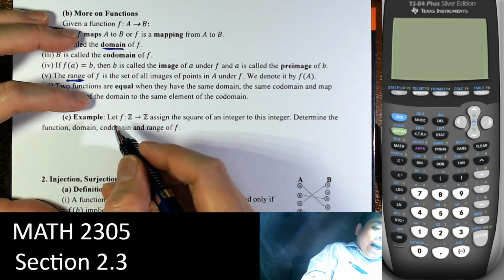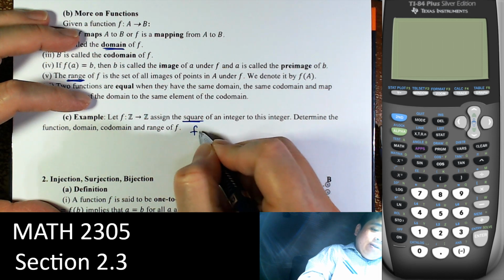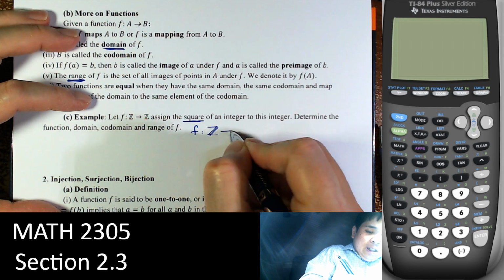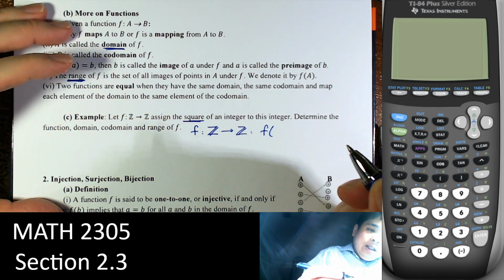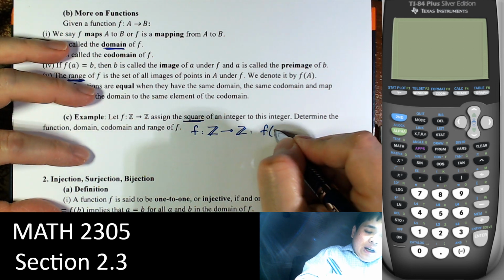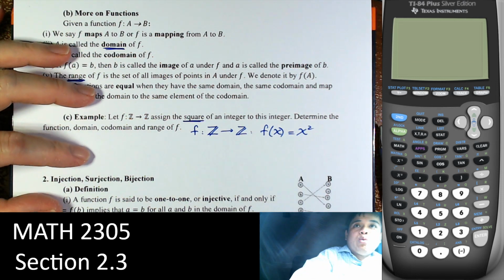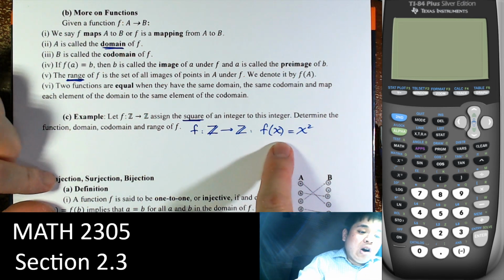Anyway, so we have a square. So the square function, from Z to Z, f of x equals x squared. So we make a square, right? Now, determine the function. Well, this is the function.